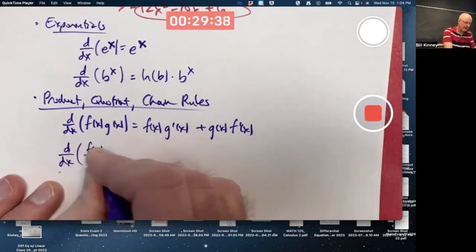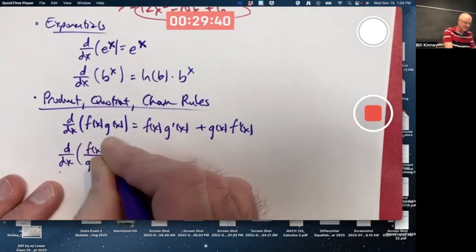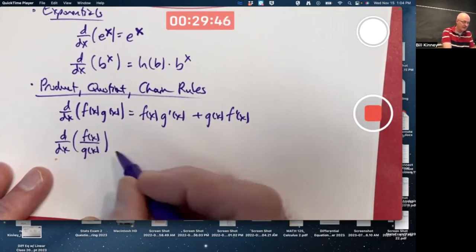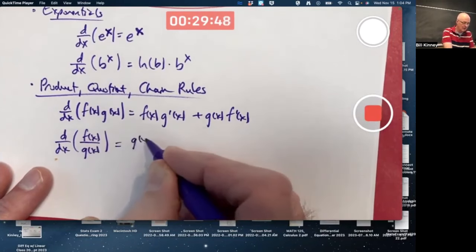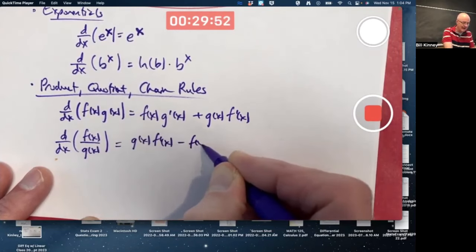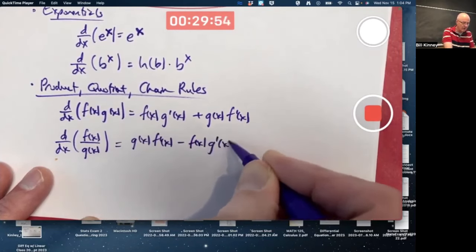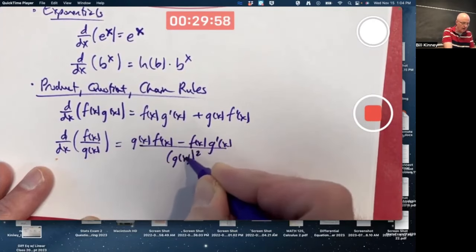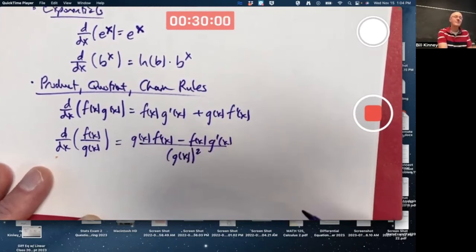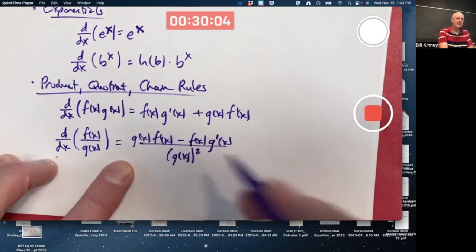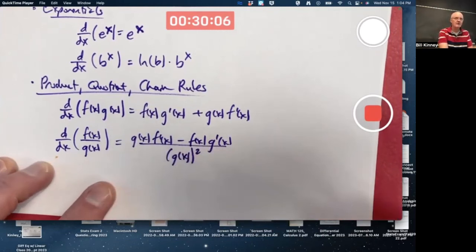The derivative of f of x divided by g of x, top function, bottom, or high and low, is low d high minus high d low over the square of what's below. Common mistake is to get the numerator in the opposite order, the wrong order.